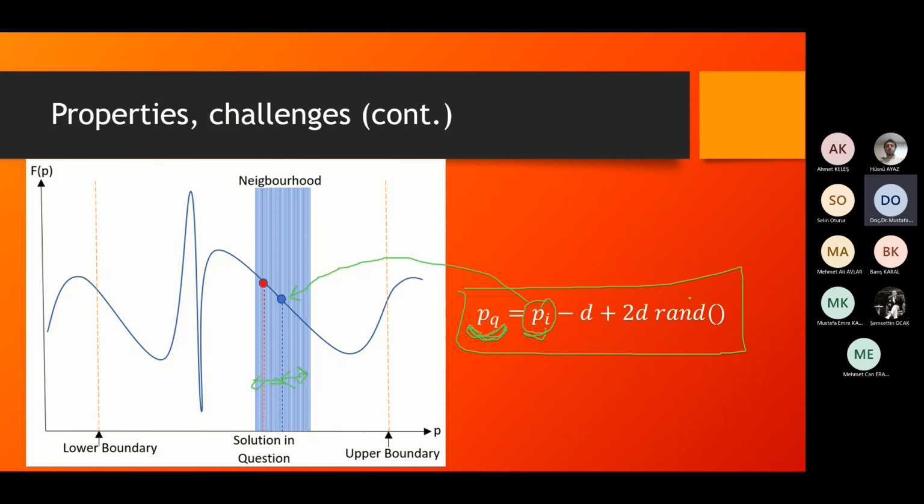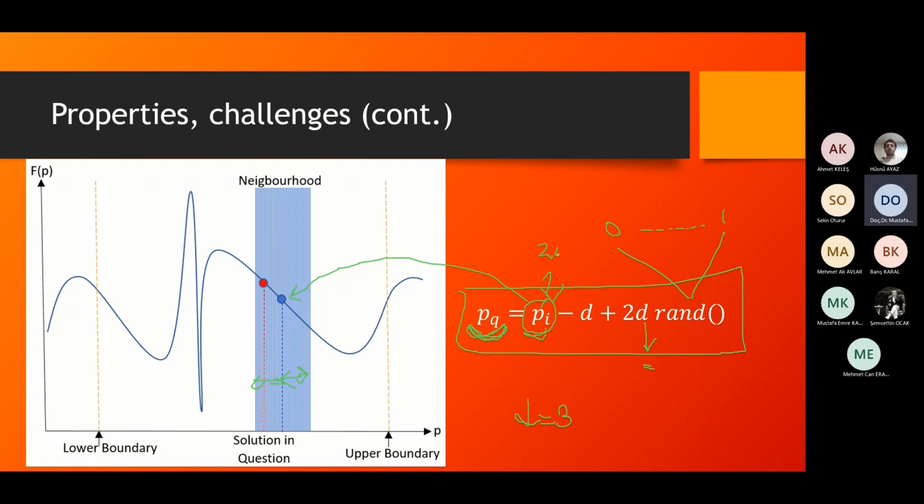Let's check. Random could be in the extremities, could be 0, 1, or any number. And let's say D is 3, okay? So from the current solution, let's say the value of P is 2.5.